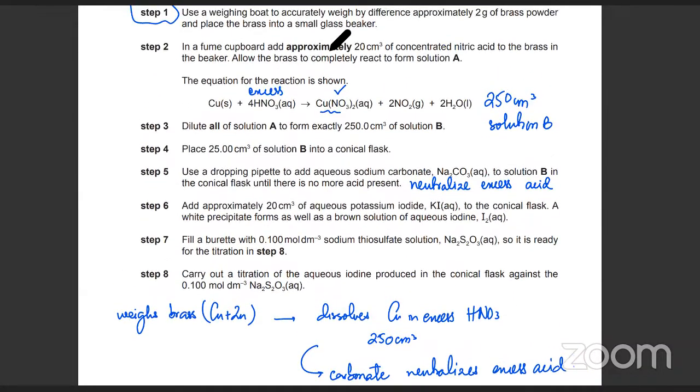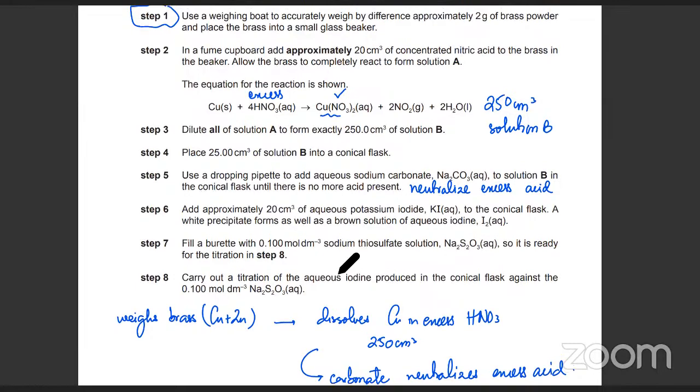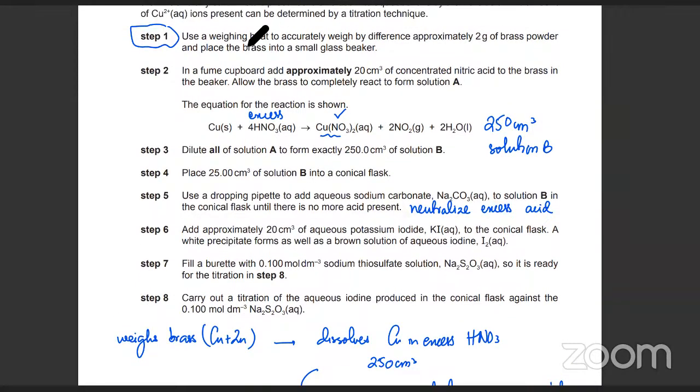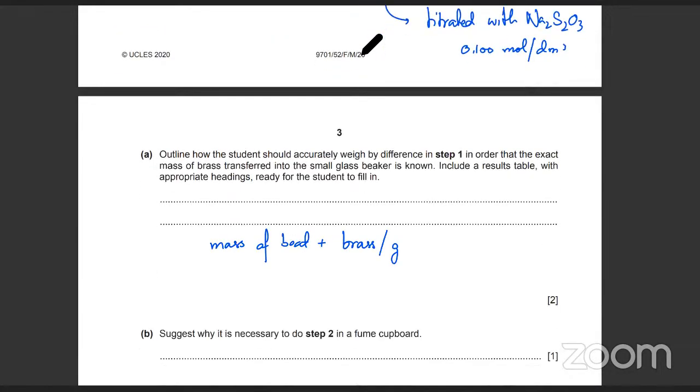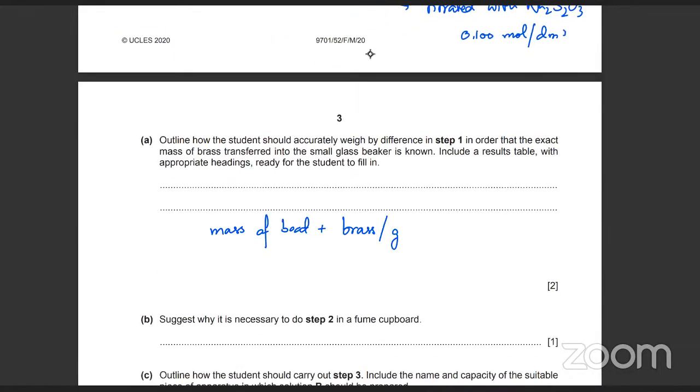In a fume cupboard, he added approximately 20 cm³ of nitric acid to the brass in the beaker. So before transferring it from the weighing boat into the small glass beaker, you're going to measure the mass of boat plus brass.